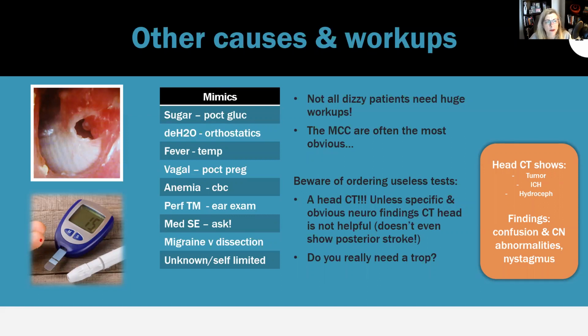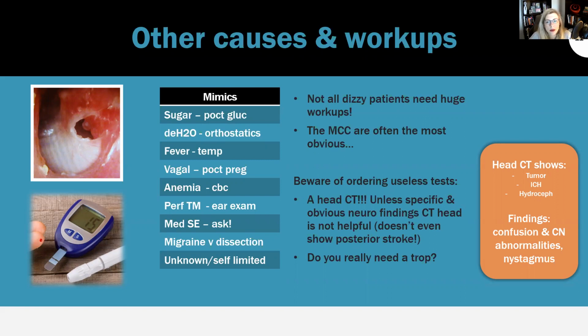Finally, I got to talk about other causes of dizziness and the workup of dizziness. If you listen to any of the talks or read any of the websites, dizziness is a big, wide-ranging topic with lots of differentials, and a lot of people talk about complex differentials, things like BPPV or labyrinthitis, all of which we're going to talk about later in this lecture.